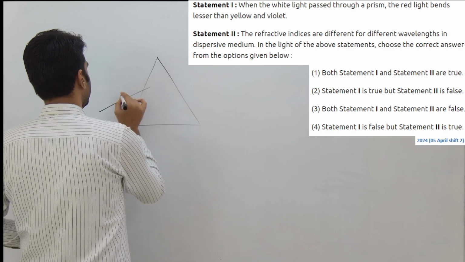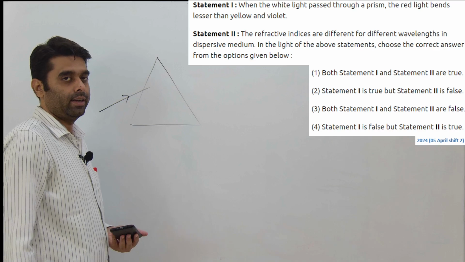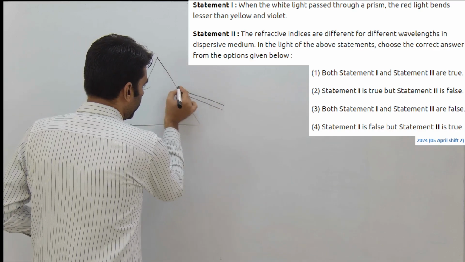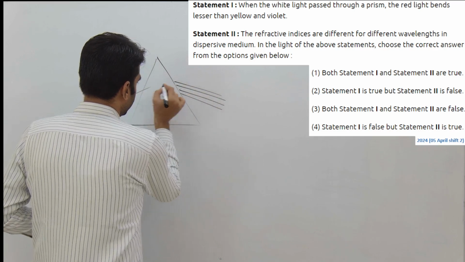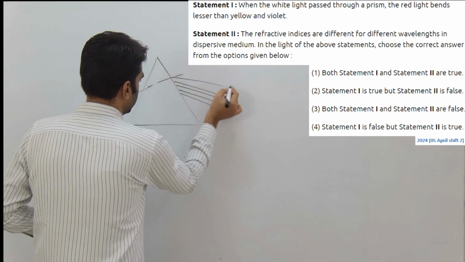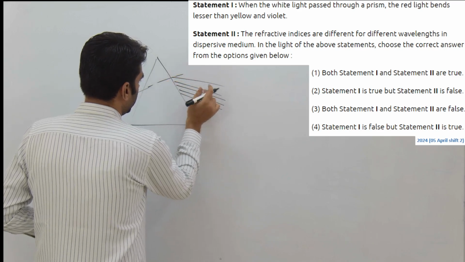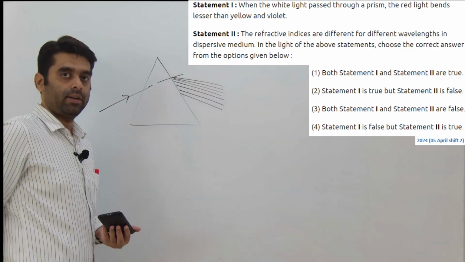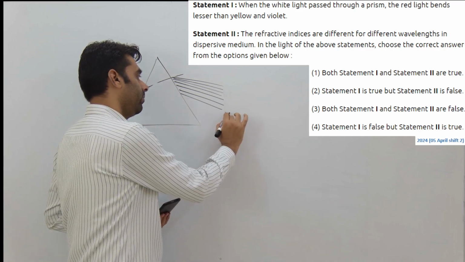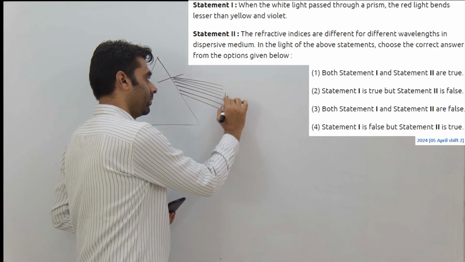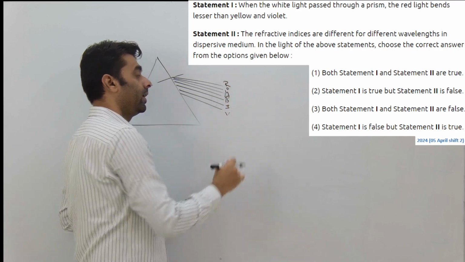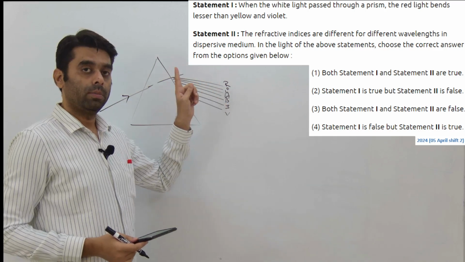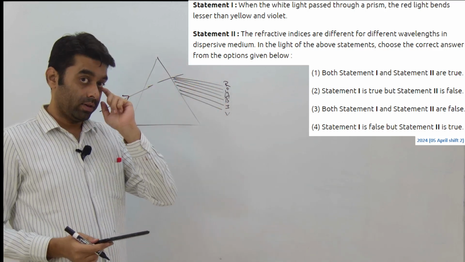From your knowledge, you may know that whenever white light is sent, the 7 colors split in such a way: 1, 2, 3, 4, 5, 6 and 7. The 7 colors that split are VIBGYOR, like this. Red is the one which bends least. This is how the bending happens in the case of a prism, right?